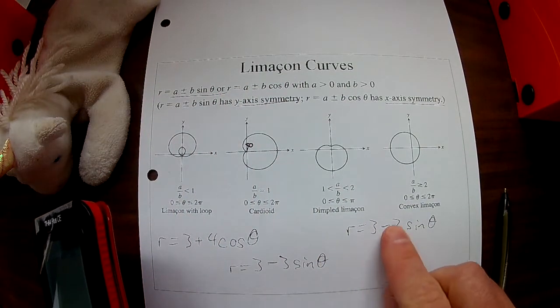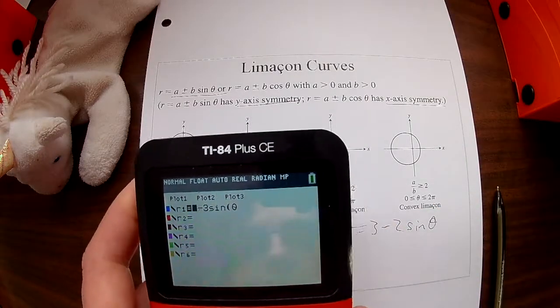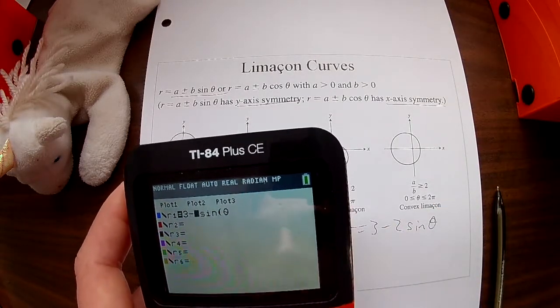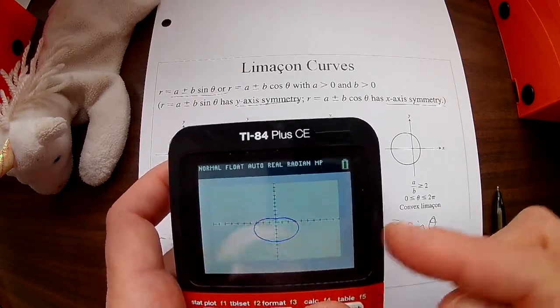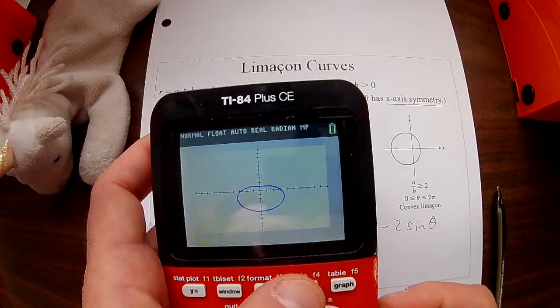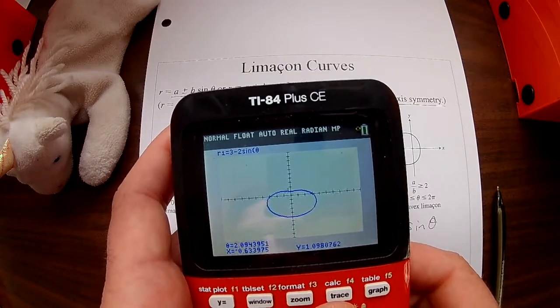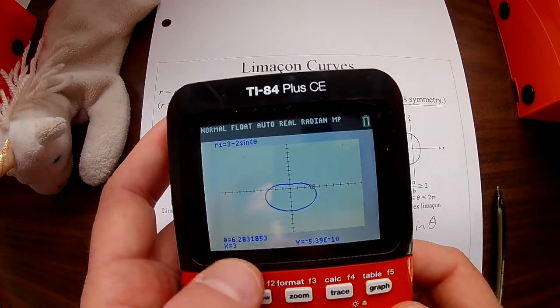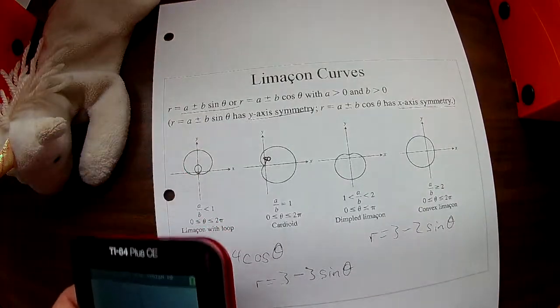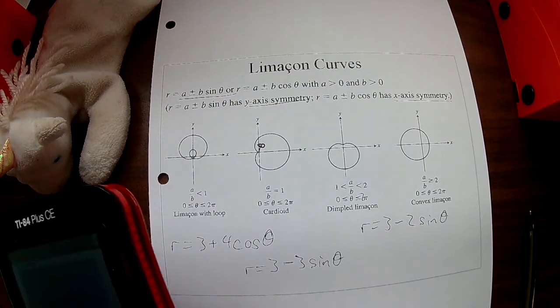Again, a is bigger than b, but not twice as big. And you can see it's just a little bit less pronounced there. Got a nice dimple. And here, if I trace, the first time I go around, that's 6.2. Oh, I guess this is wrong then. The domain is from 0 to 2 pi. Oh, from 0 to pi.